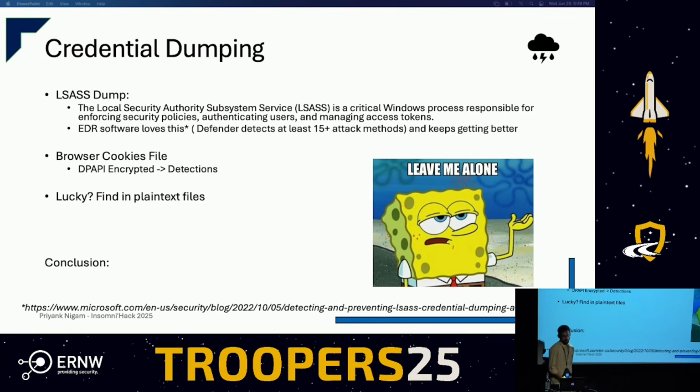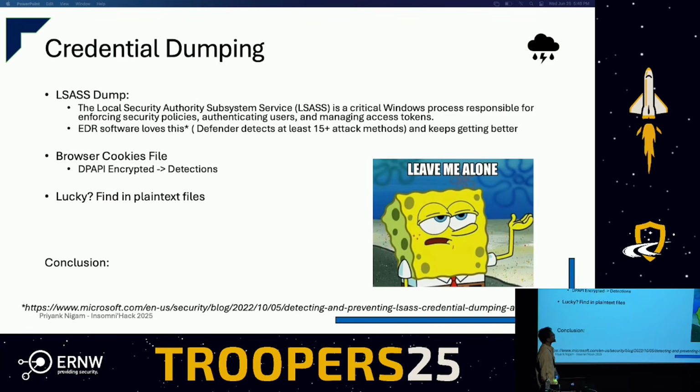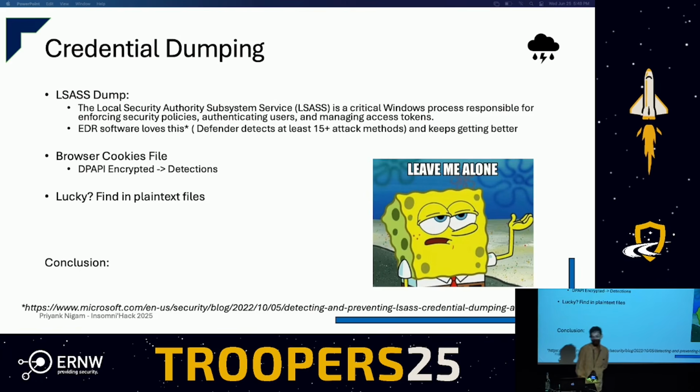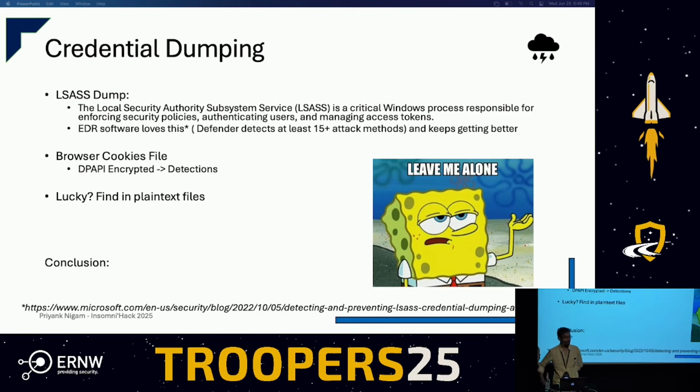So in a normal scenario, you want to do credential dumping. Local Security Authority Subsystem Service, LSASS, as we all know, the first thing we red teamers do is basically go in, dump the registry, get the stuff out of credentials. But this is becoming much and much easier to detect.